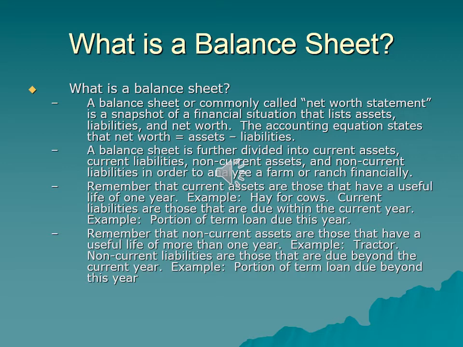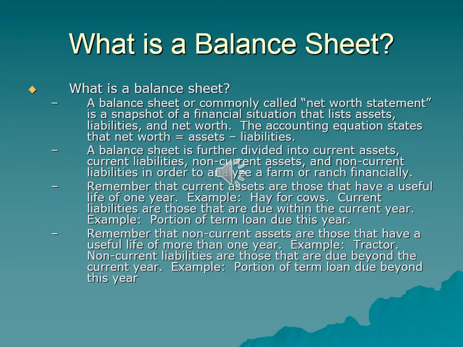The accounting equation states that net worth equals assets minus liabilities. A balance sheet is further divided into current assets, current liabilities, non-current assets, and non-current liabilities in order to analyze a firm or range financially.